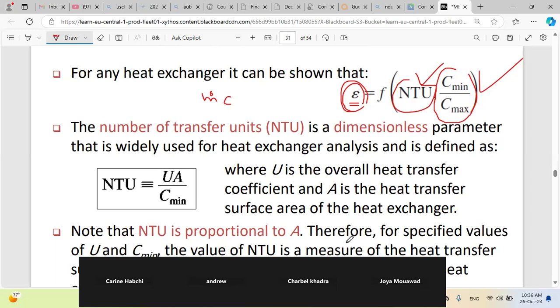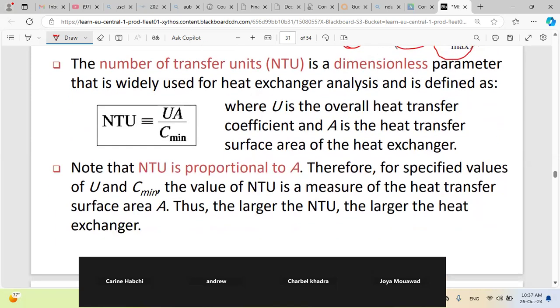We can note that NTU is proportional to the area. Therefore, for specified values of U and C minimum, the value of NTU will be a measure of the heat transfer surface area. And therefore, the larger the NTU is, the larger the heat exchanger.